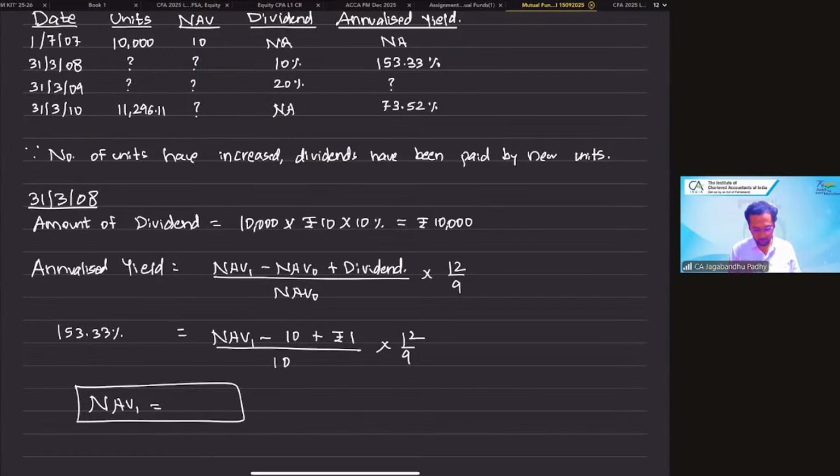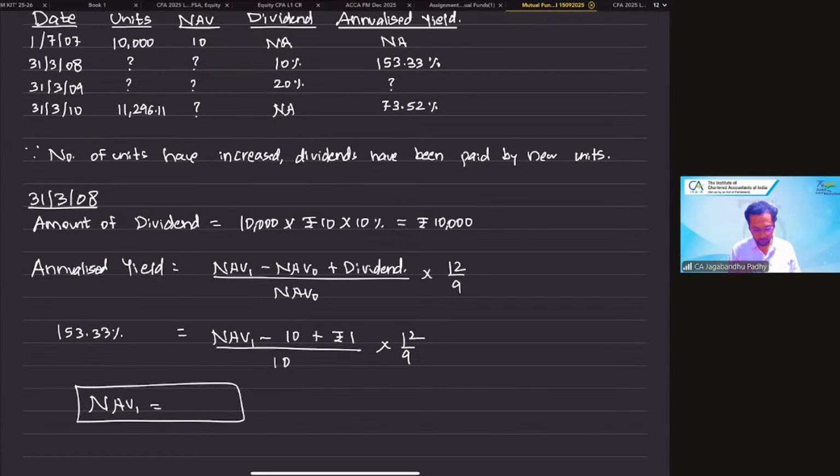Are you able to solve it or no? This will be 153.33% into 10 into 9 is equal to NAV 1 minus 10 plus 1 into 12. In fact, I can take this 12 also on this side.